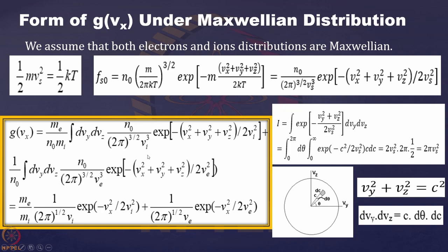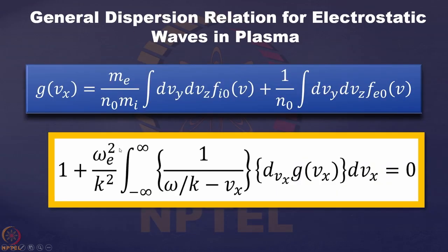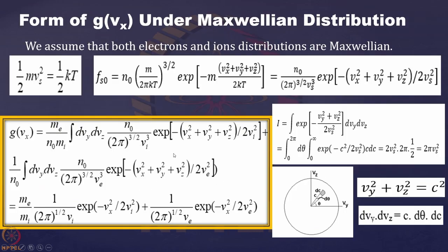So how am I getting this? I am coming back over here, me by n0 mi. So this one is the ion term, and this one is the electron term. So I am writing both. The first one is the ion term, and the second one is your electron term.